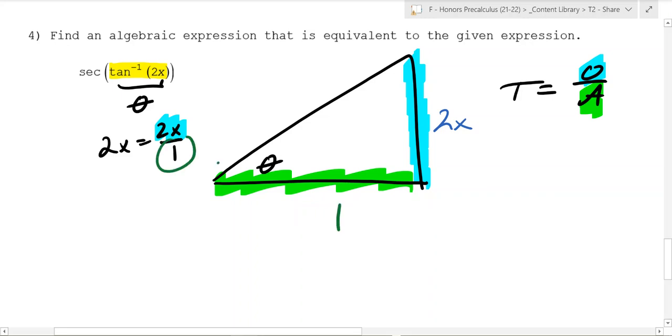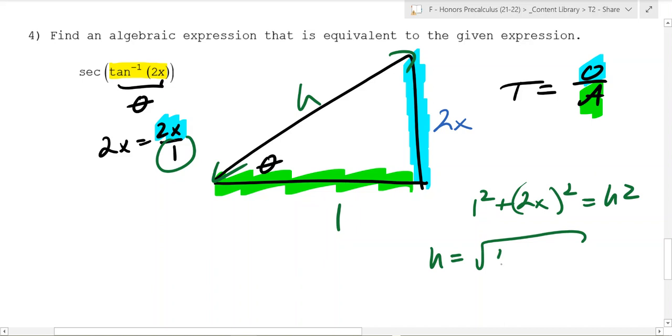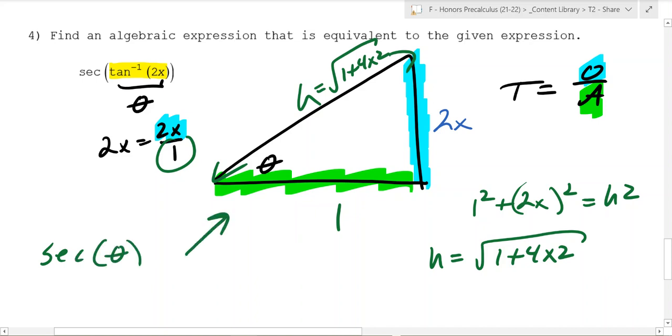So then how do you find the hypotenuse here? You know that 1 squared plus 2x squared will equal, we'll call this h squared. So you end up with h equal to the square root of 1 plus 4x squared. So then what's the secant of this angle on the inside of this triangle that we made?